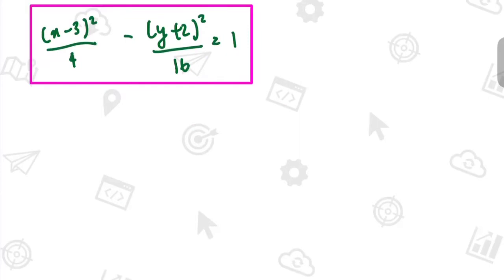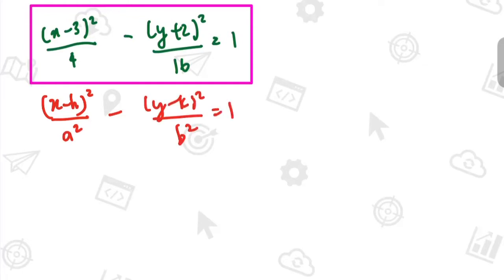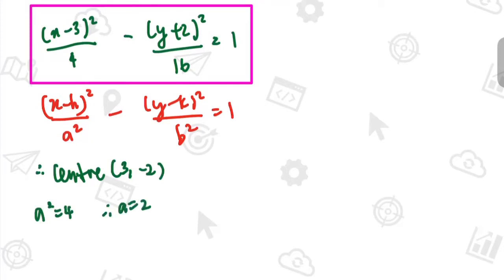So now, what is the information that we can get from this equation? In order to find it, let us compare with the general equation here. So first thing first, we can find our center, (h, k). Your center (h, k) now is equal to (3, minus 2). Next, let's compare our A squared. A squared is 4. Therefore, your A is equal to 2.